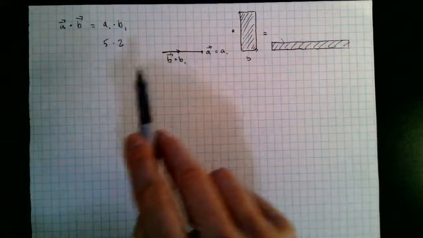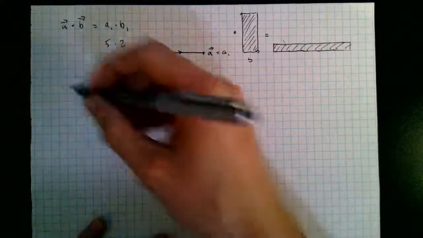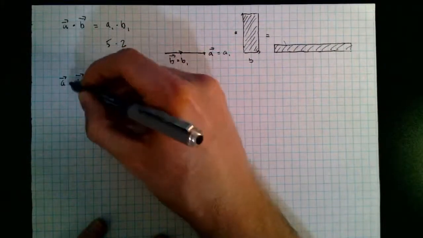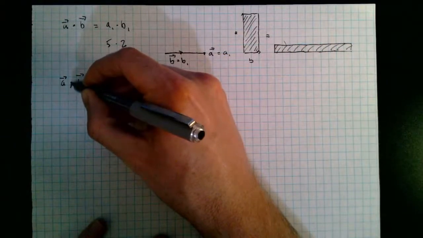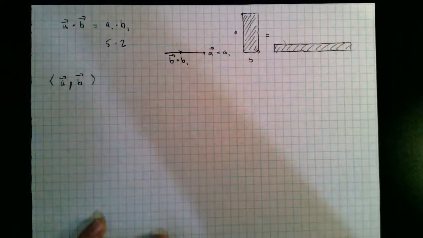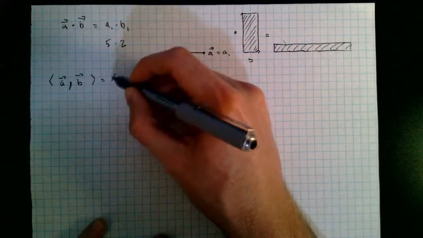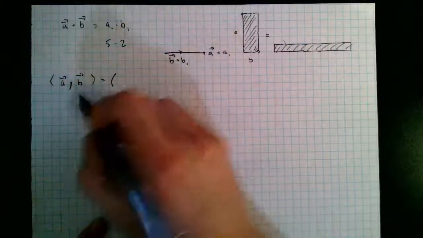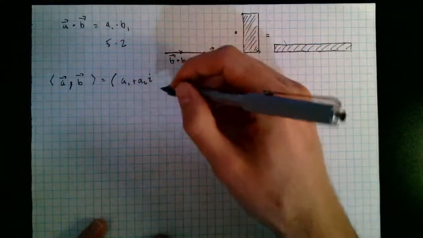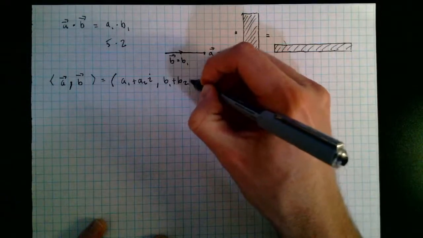This is step 1. Step 2 is we're going to make these complex vectors, but keep them one-dimensional. So let's again do A dot B. Actually, dot is probably the wrong notation, so calling it an inner product is more correct if they're complex. The complex inner product is A1 plus A2i, and B1 plus B2i.